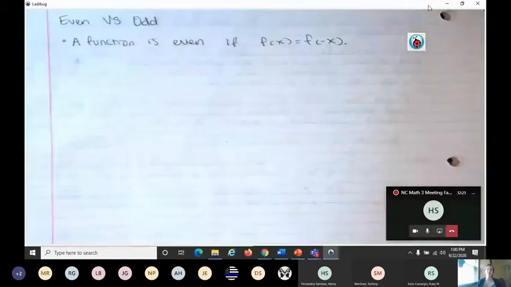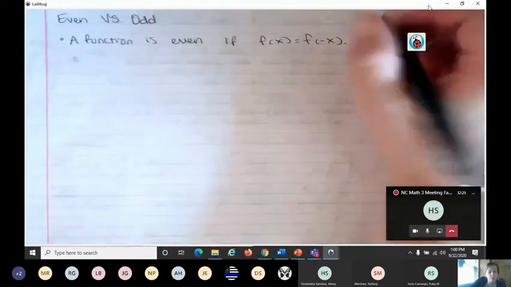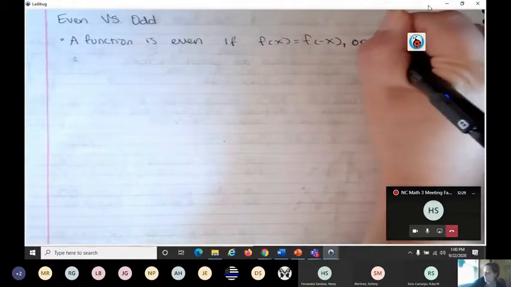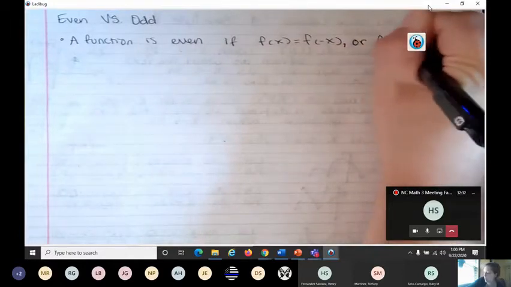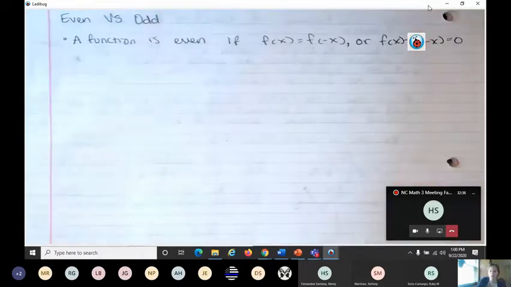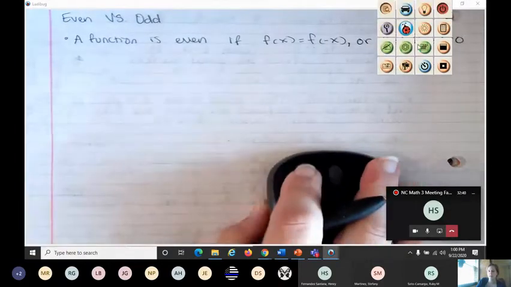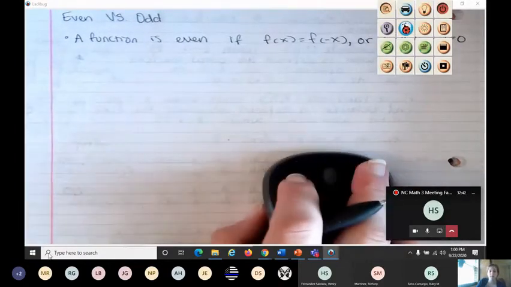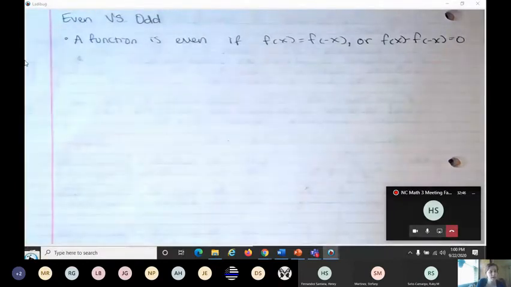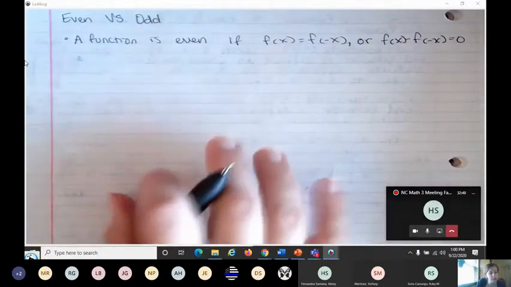This is the official definition. You could also rewrite this as f of x minus f of negative x is equal to 0. Whichever one makes you happier, but I feel like the first one is probably the best. So that's the formal definition.